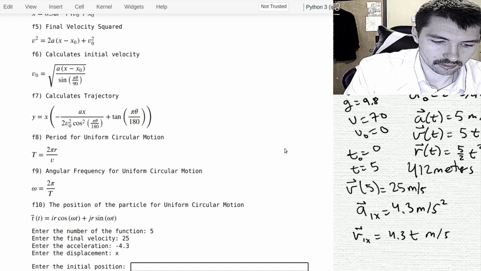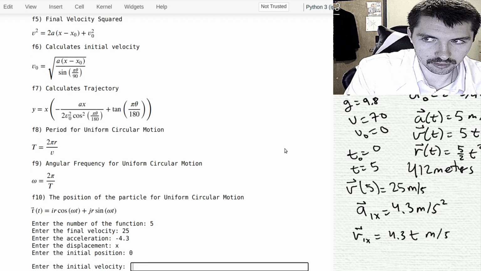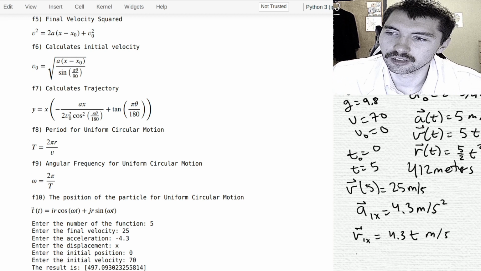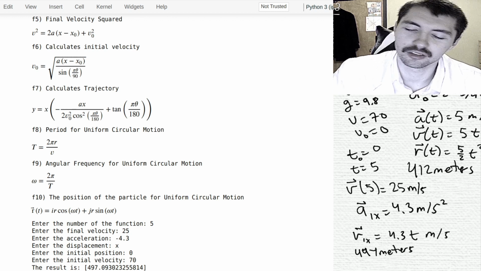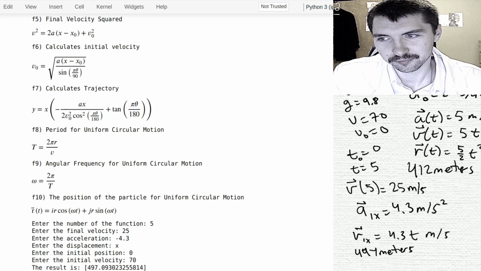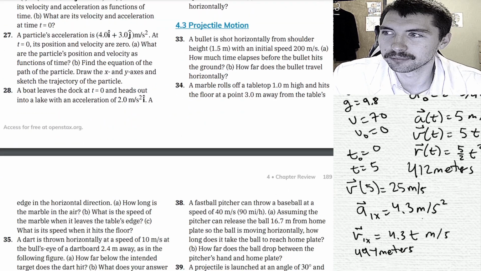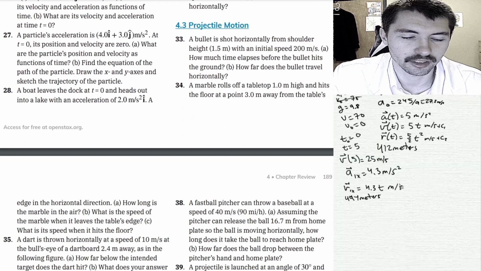Displacement x, initial position 0, initial velocity. Okay, I'm thinking 497 meters horizontally. All right, that's kind of a tough one, but we can move on.